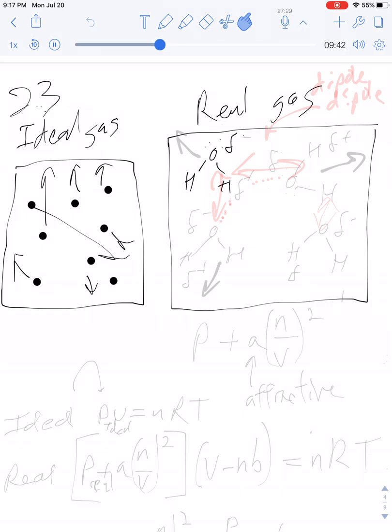There's a partial negative on the oxygen and a partial positive on the hydrogen. And the partial negative on the oxygen is attracted to the partial positive on the hydrogens.